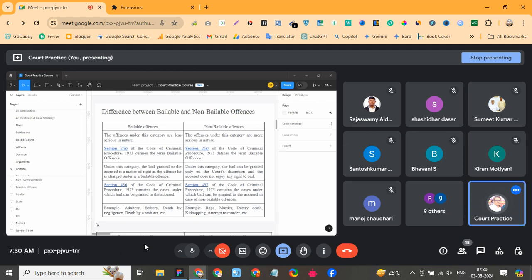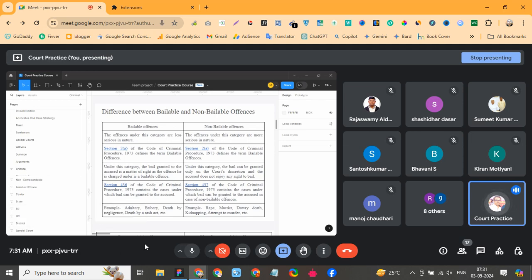Likewise, non-bailable offenses are serious, more serious in nature. There is no such right for any accused or offender to get bail, but with due permission of the court or due procedure of law, a person can enjoy bail, though the court is going to cross-check or enforce a few conditions on that party to get the bail.